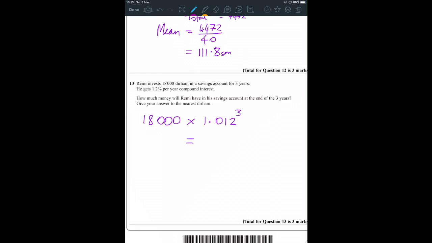So we have a power of 3. We want how much money he has at the end of those 3 years. So that's our calculation. Into our calculator, we get 18,655.807. The question wanted it to the nearest unit, so we round that to a 6.